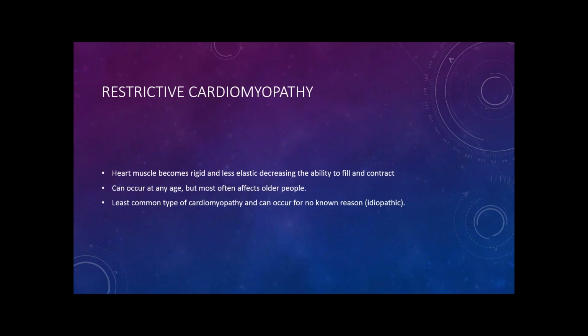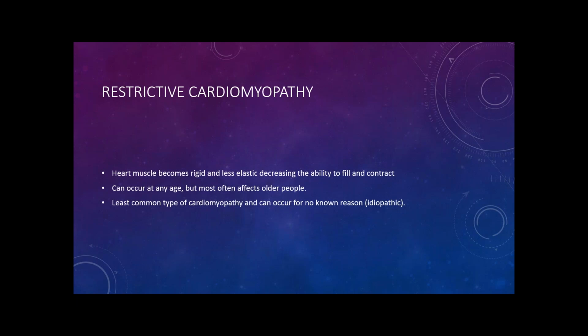Restrictive cardiomyopathy is where the actual muscle becomes rigid. We don't get the elasticity, the stretch and the relaxation that we need for filling and for contracting. Now, this can actually occur at any age, but it most often occurs in older generations.